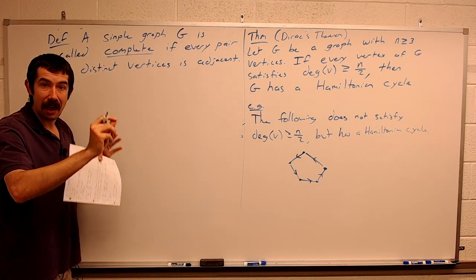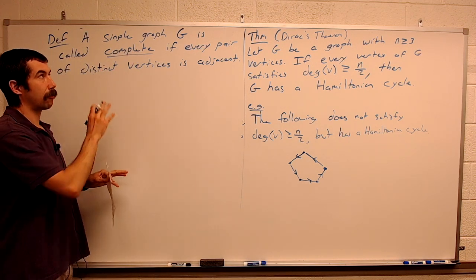There's an edge between every possible pair of vertices in the complete graph.